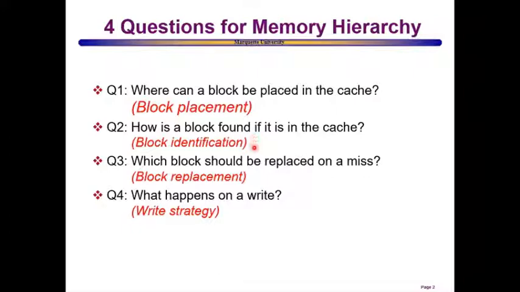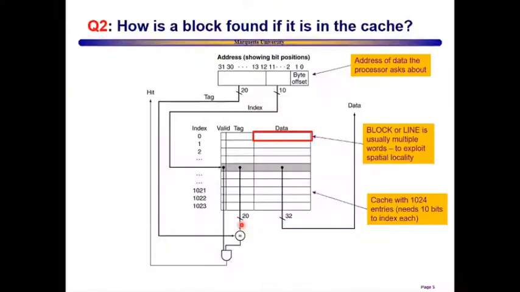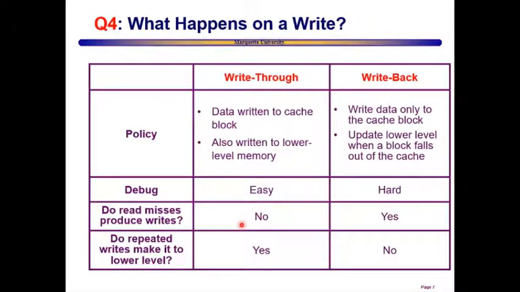Which block should be replaced on a miss? That's very easy. There is only one block because there is only one location where the data from a certain main memory address can be placed. And the final question, what happens on a write? It depends on whether you are using a write-through or a write-back cache design. So that was the direct mapped cache organization, or cache design.